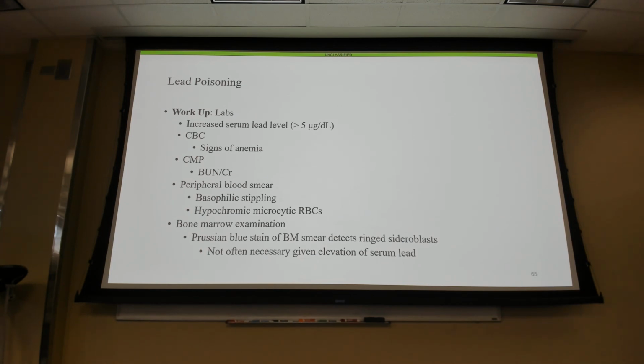With sideroblastic anemia, you'll see basophilic stippling, and that's a consideration if I have lead, because lead poisoning can cause sideroblastic anemia. These conditions we talk about, microcytic hypochromic, Prussian blue, right? So again, it presents a lot like sideroblastic anemia, because one of the causes of sideroblastic anemia is lead, right?